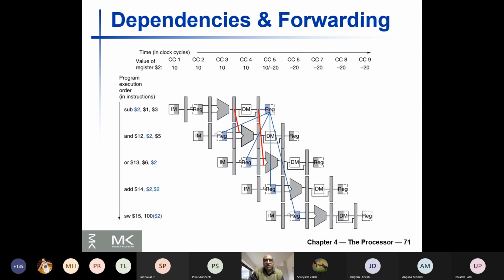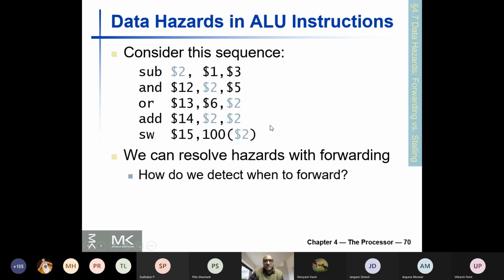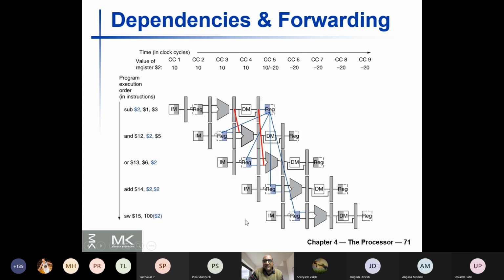And how do you detect that forwarding? Suppose these are the sequence of instructions, and if you place them in this particular representation, you can see this is the arithmetic instruction, and here the result is available. The next instruction is AND, and this is the execution stage of AND. This requires the input from this, right?